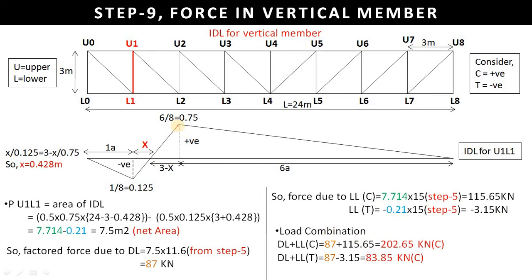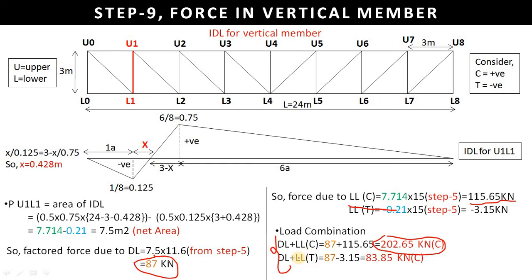Now we will do the load combination. For load combination, we have to do dead load plus live load in compression, and second, dead load plus live load in tension. The dead load we have already calculated as 87 kilonewton, plus live load in compression, which is 115.65. So we have the combination of dead load plus live load in compression as 202.65 kilonewton, which is compression.